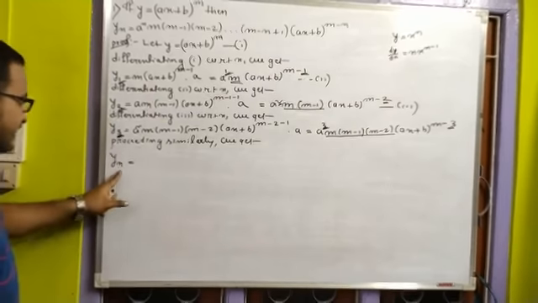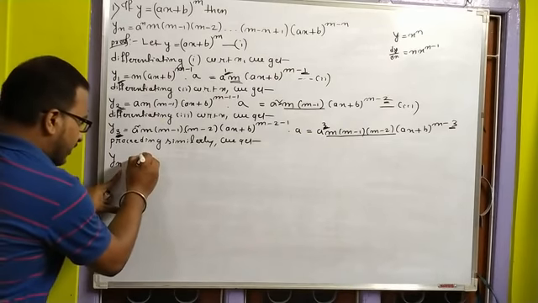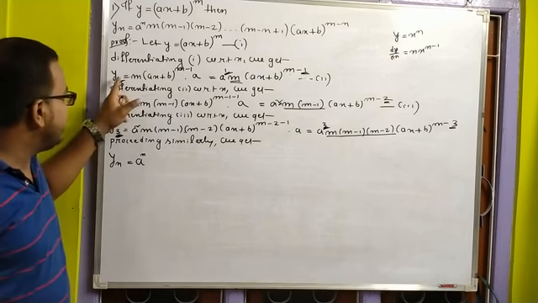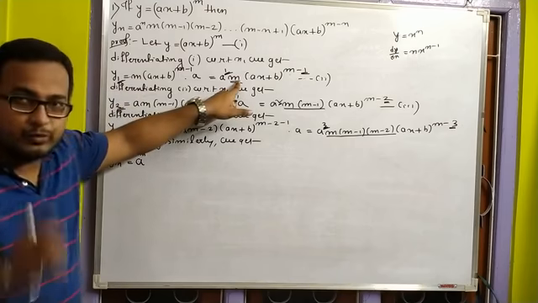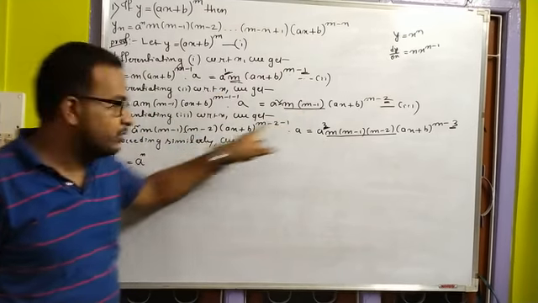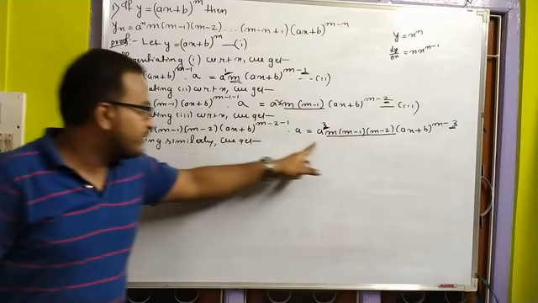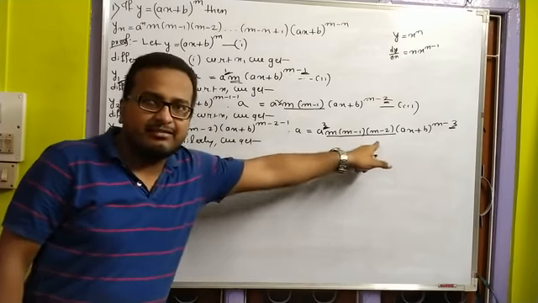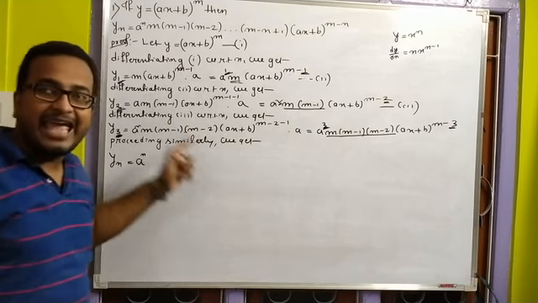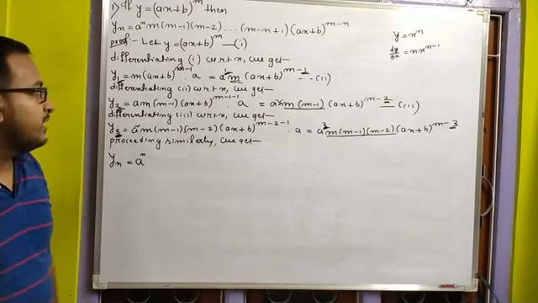So when it is n, the power of a will be n, right? Now you see, when here is 1, then the number of terms with m is 1. When there is 2, the number of terms with m is 2. When there is 3, the number of terms with m is 3, right? So when it is n, the number of terms with m will be n, right?